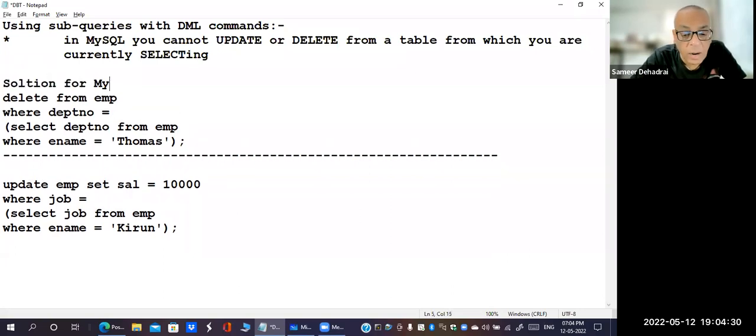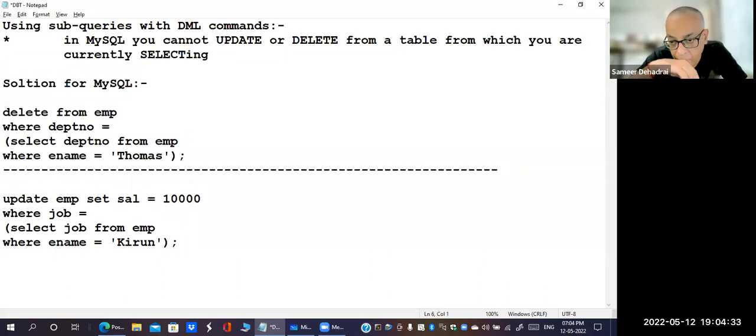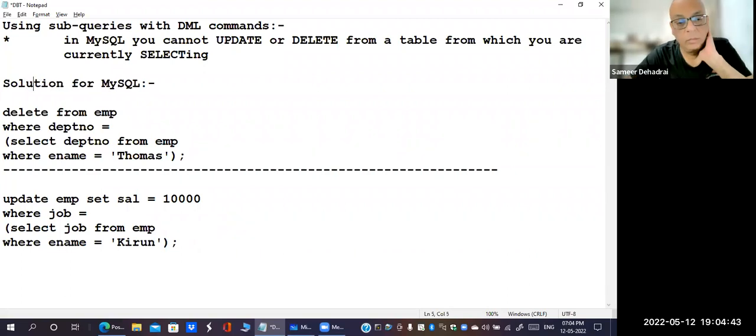So what is the solution for MySQL? Look here.